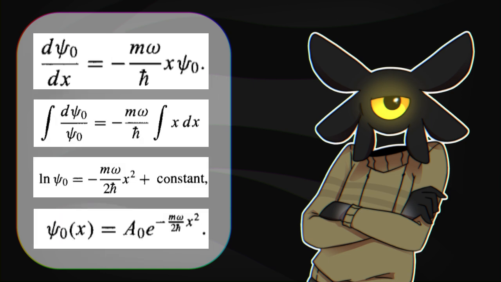Now, something interesting happens whenever we decide that we want to plug in our ground state back into the Schrödinger equation to solve. When we do so, we actually get a really neat, concise solution of psi naught of x is equal to a naught times an exponential, right?